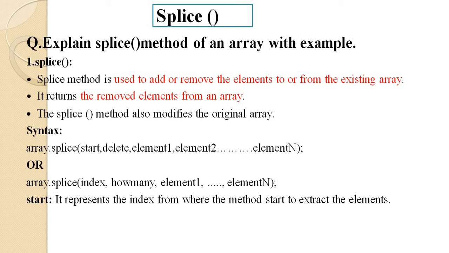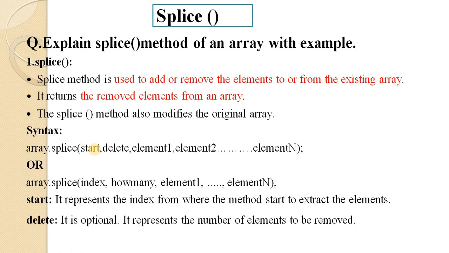It is an integer that specifies at what position to add or remove the elements. And you can also use a negative value as an index to specify the position from the end of the array.